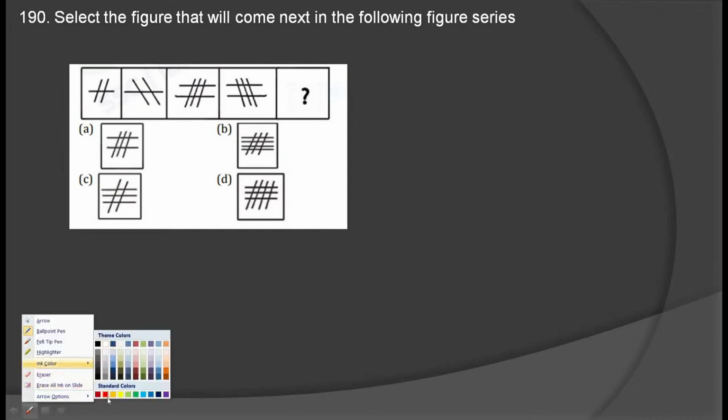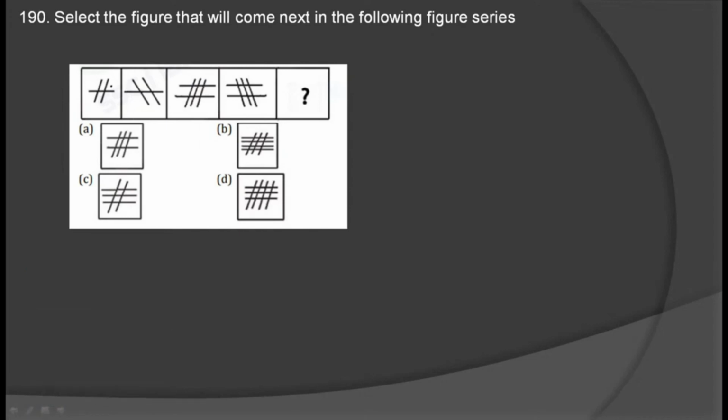Next one. Select the figure that comes next in the following series. Just identify the series approach. See, it is exactly a mirror reflection. But for the next image, if you observe alternately, there is one line, two inclined lines, one horizontal line.